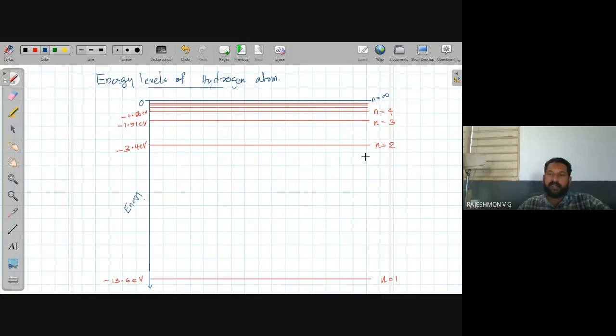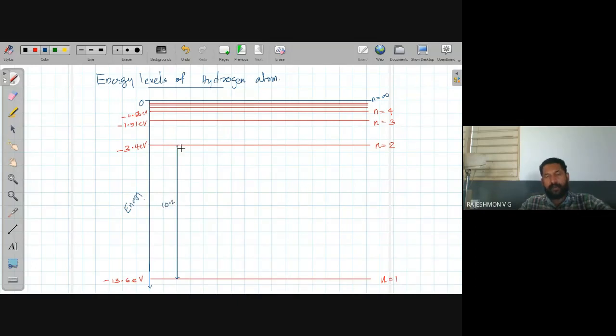So initial spacing is very high. What is this spacing? What is this value? Anyone?